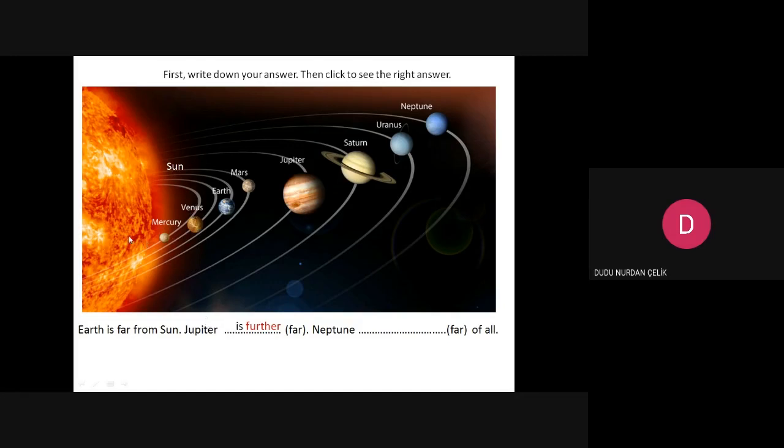Earth is far, but Jupiter is further. And Neptune, look, yes, the furthest of all. When we look at this group of planets, we say Earth is far from the Sun, Jupiter is further, Neptune is the furthest of all.